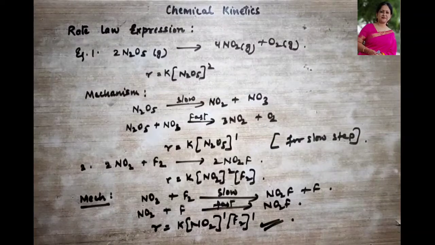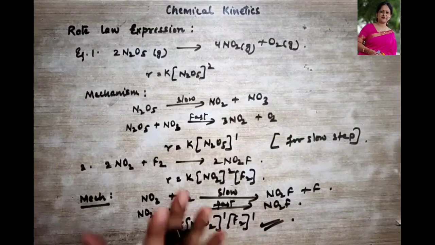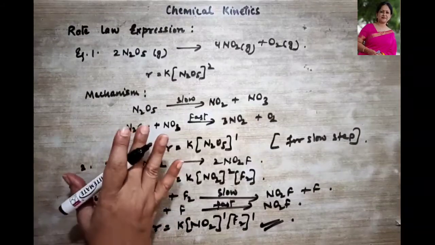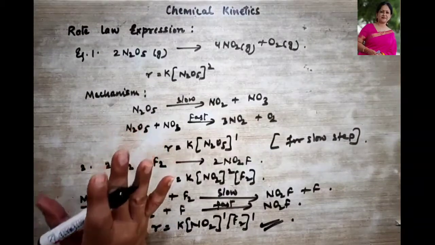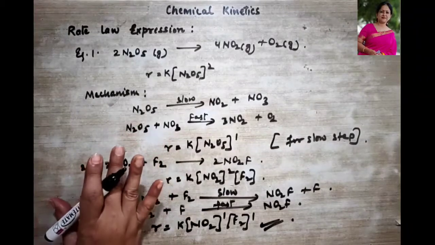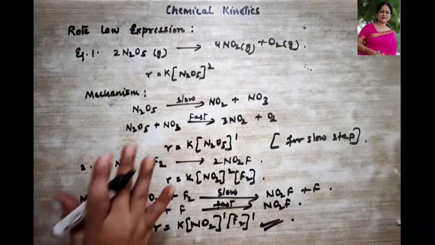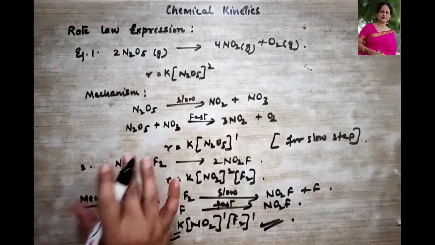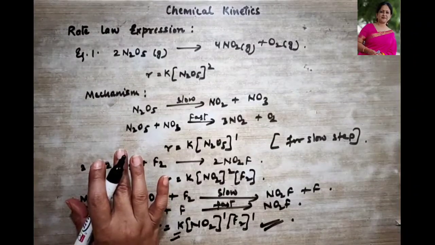So over here, the expression which describes the experimental observation, depending on the reaction rate on the molar concentration of the reactants, is called the rate law or rate equation. So this rate constant, that is K, is also termed as specific reaction rate, right?